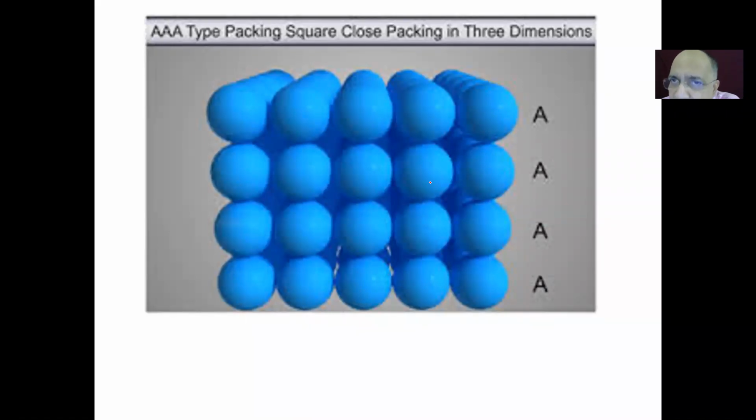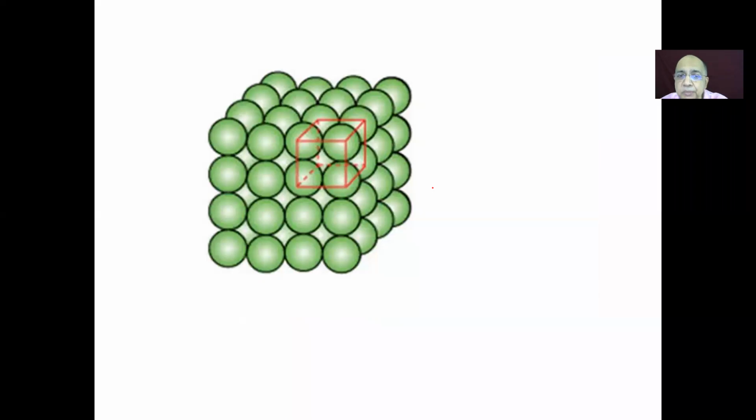So the number of spheres possessed by one sliced cube will be 8 into 1/8, that is 1. So that we have done. This is just a revision, because the solid state program is really thought provoking. Once you understand and conceptualize, then it will be extremely simple.